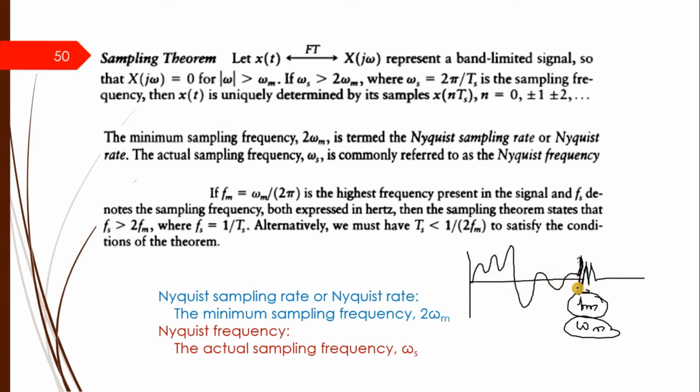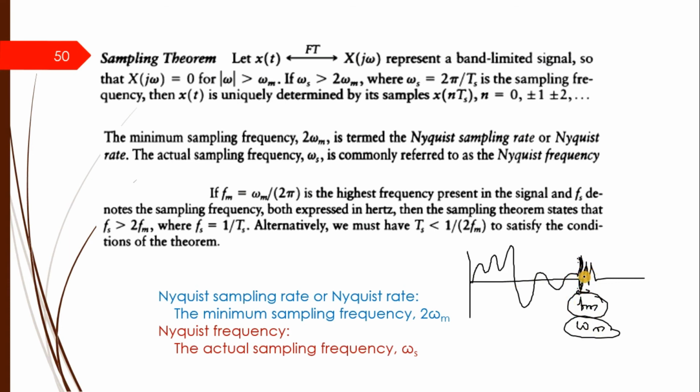When can I record it? When my sampling rate is much more rapid than this maximum frequency. My sampling rate should be much faster than this maximum frequency. It should fetch 2 samples in this component itself. Then only I can say that I can record this variation.